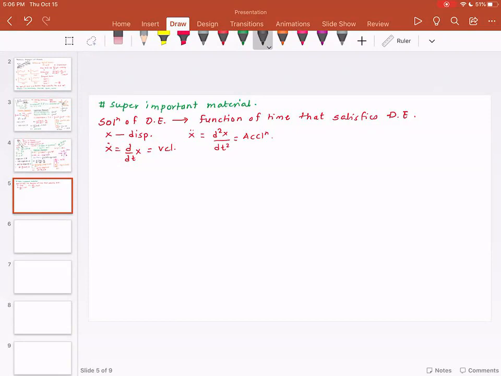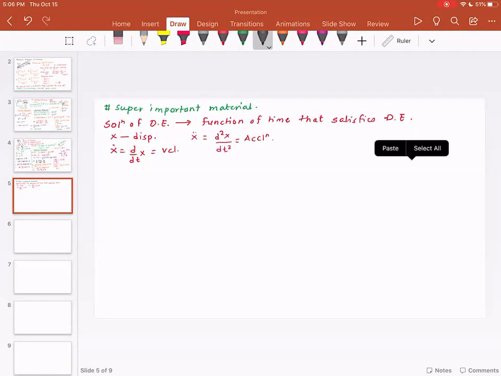I want you to remember only one thing. Most of the differential equations that we can solve by hand are linear differential equations. And for linear differential equations, I'm always going to assume the solution as a e to the lambda t, where a is a constant, lambda is a constant, and t is equal to time.